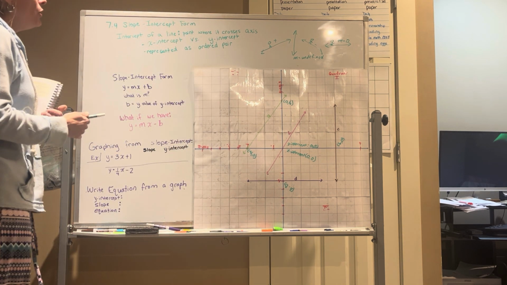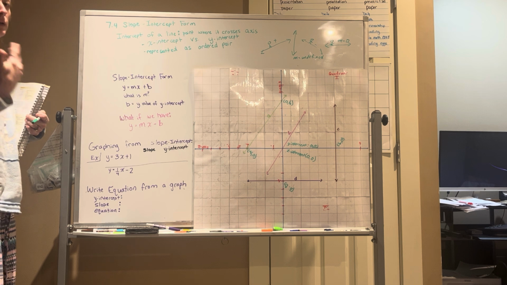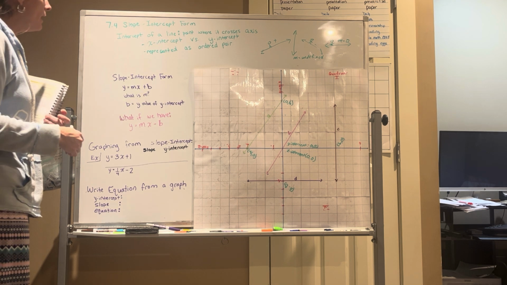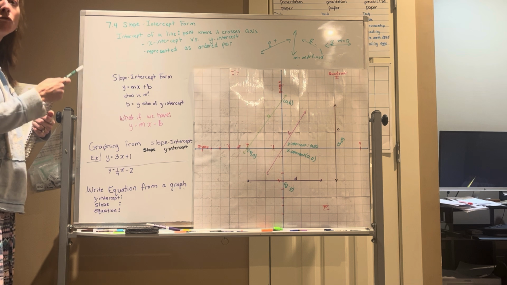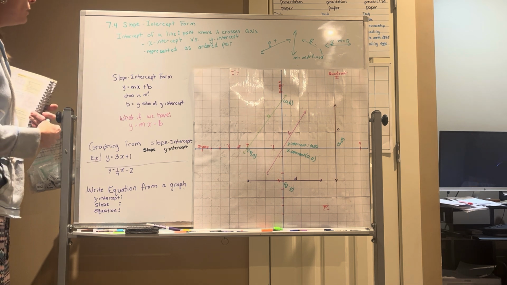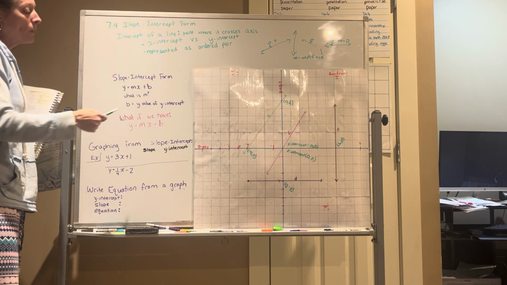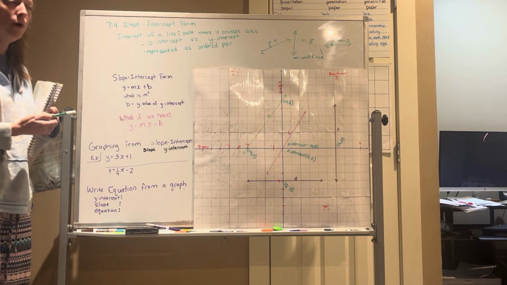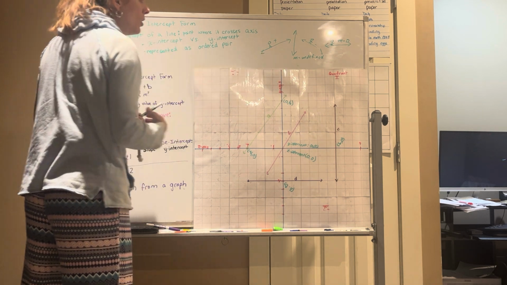All right, you can represent a straight line as an equation, a linear equation. We've already talked about that. And one of the most common linear equation forms is the slope-intercept form, which is y equals mx plus b. And where have you seen m before? Over here, where we were talking about the slope.